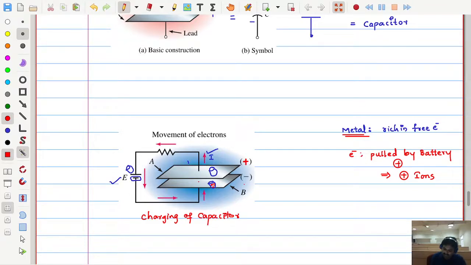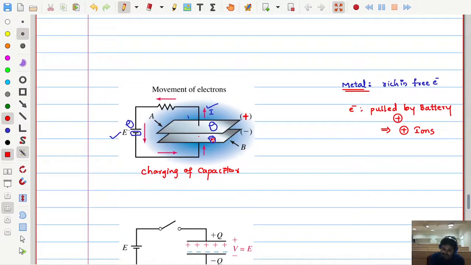That means indirectly this battery is doing some work in making these plates positive and negative. In this process of charge separation, positive charge will be deposited on the upper side plate and an equal amount of negative charge is deposited on the lower side plate.